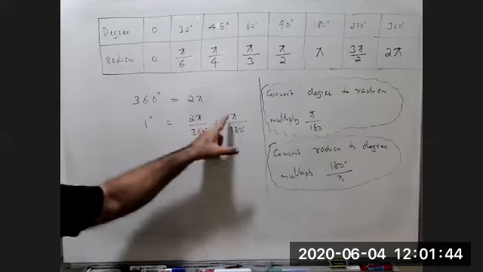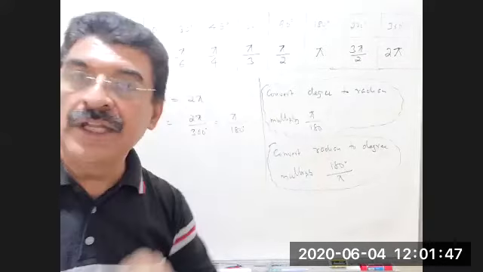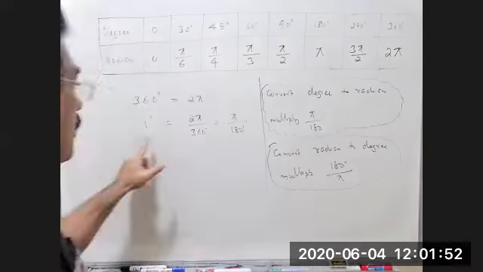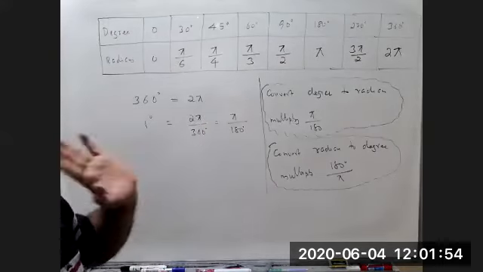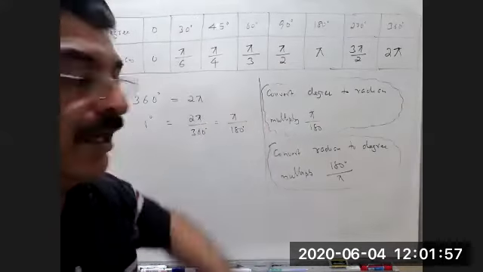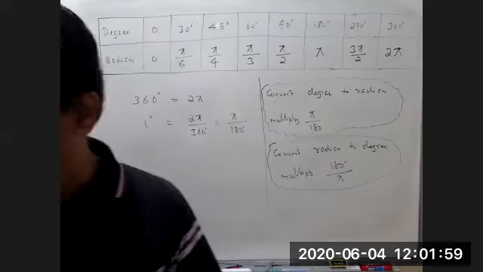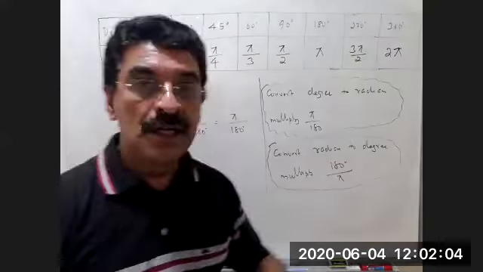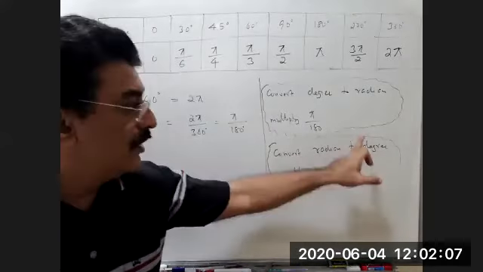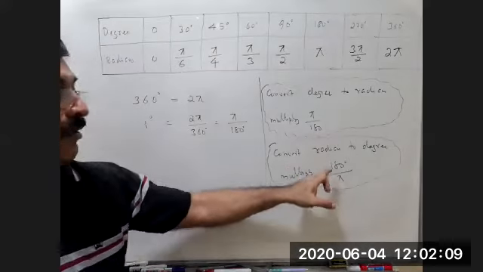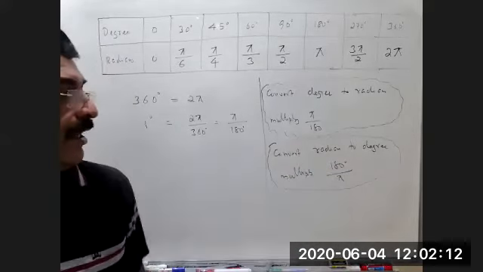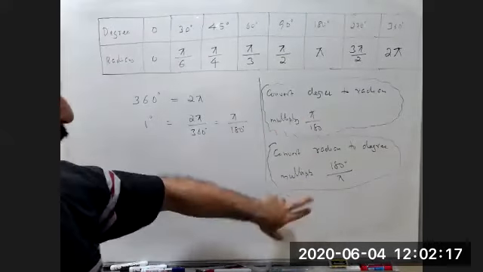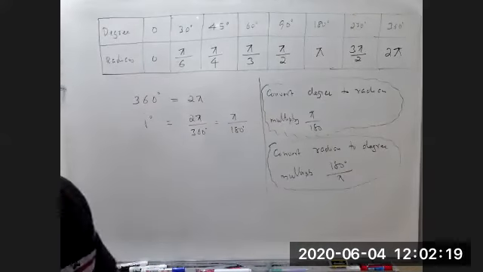Because 1 degree is pi by 180, if 5 degrees is given, how to convert it? 1 degree is pi by 180, then 5 degrees will be 5 into pi by 180. So multiply with pi by 180. To convert degree measure to radian measure, multiply with pi by 180, whereas for the reverse, to convert radian measure to degree measure, multiply with 180 by pi. Actually, it is dividing by pi by 180; instead of division, we write multiplication by the reciprocal. So remember this.